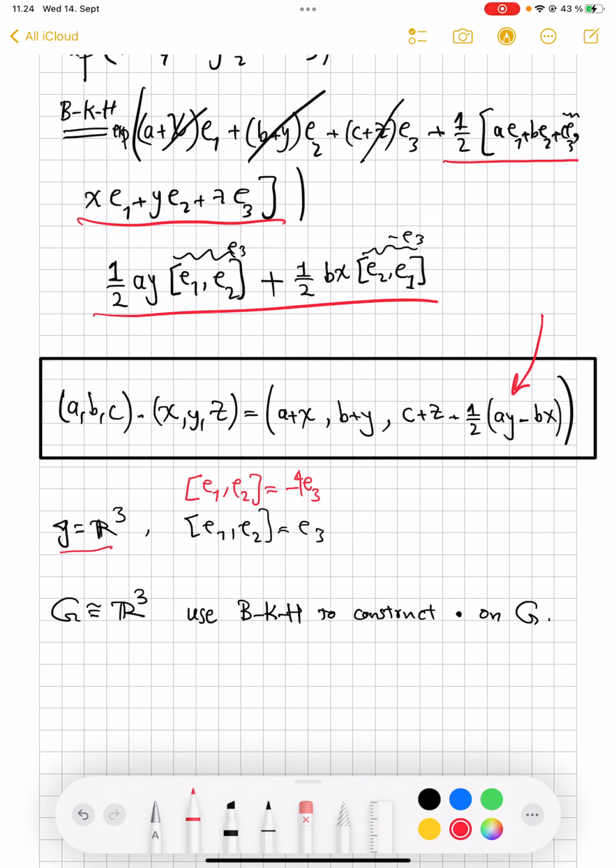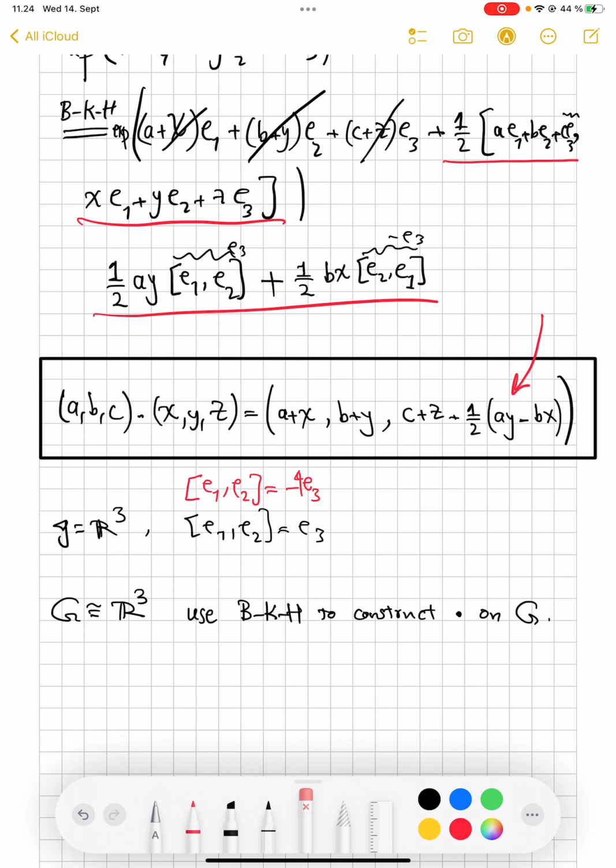So a Lie algebra on R3 where this is equal to E3 versus a Lie algebra on R3 where this is equal to negative 4 are just isomorphic, basically. And even from general theory, it follows that if you have isomorphic Lie algebras, the Lie groups that you produce out of them will also be isomorphic. That's another non-trivial fact about Lie groups, the correspondence with Lie algebras.